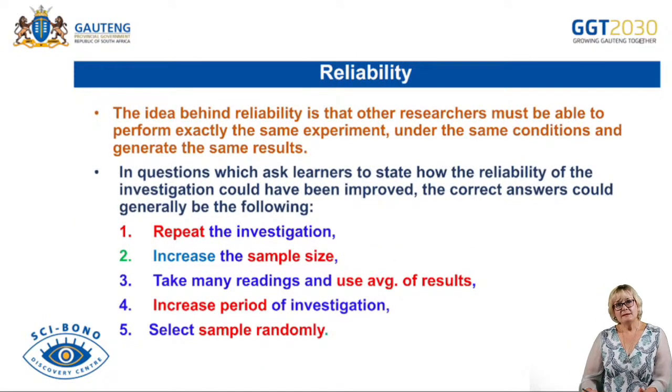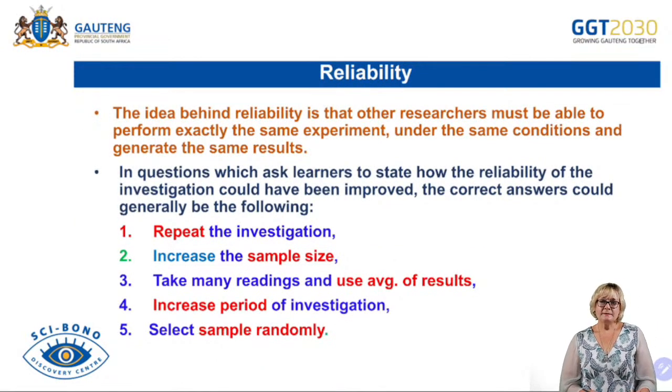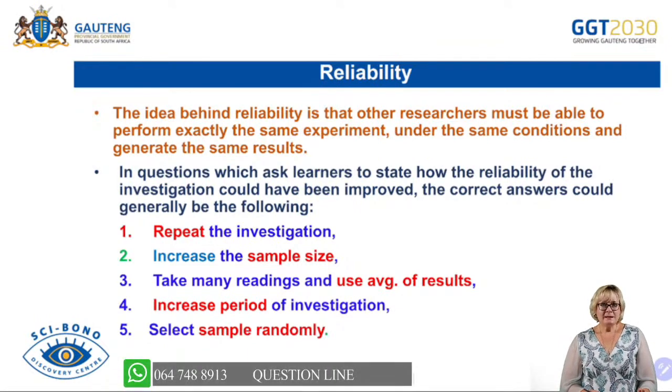Then with all investigative questions, there is a factor called reliability. And if you look in the question papers, the examiners ask that if you see a question on an investigation, you can expect to be asked to identify which factors contributed to the reliability of this experiment, or how you can improve the reliability of an experiment.